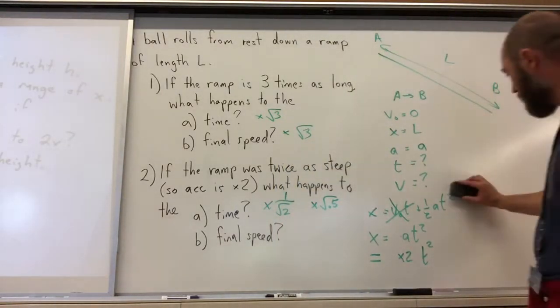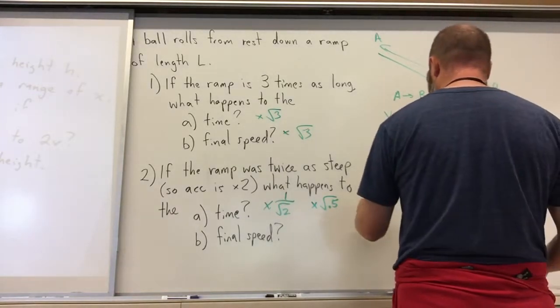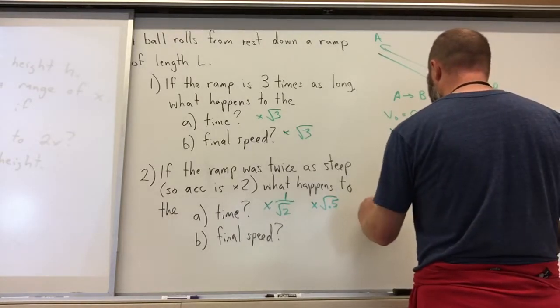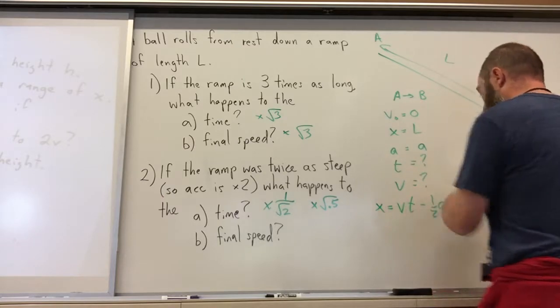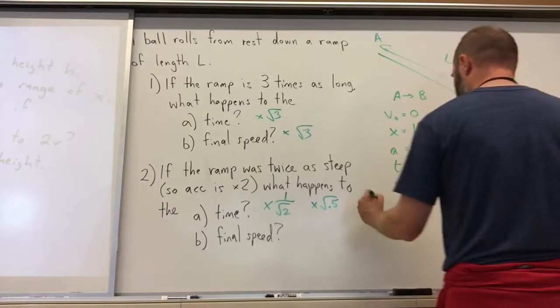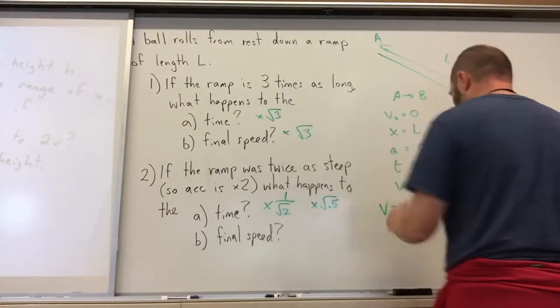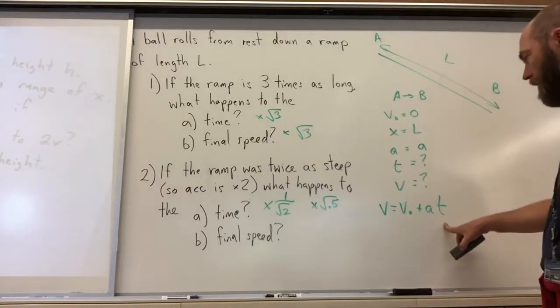Final speed. If I want an equation that has final speed in it, x equals v final t minus 1/2 a t squared. Oh, my time's not constant, so that's not going to work. If I say v equals v0 plus at, that won't work either because my time's not constant.